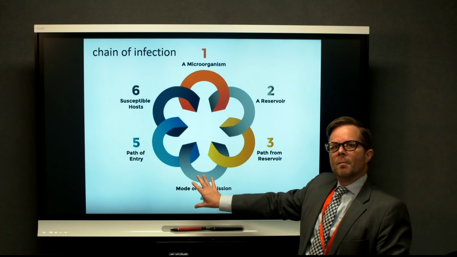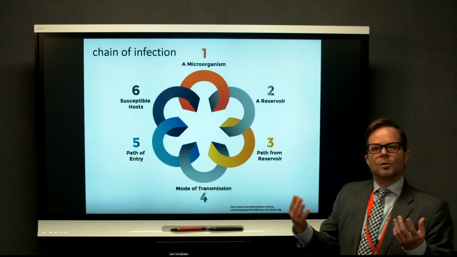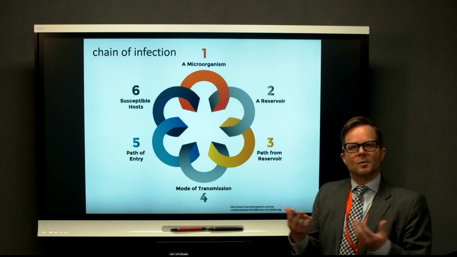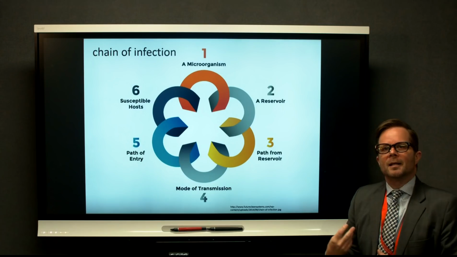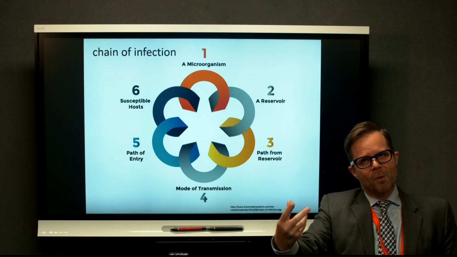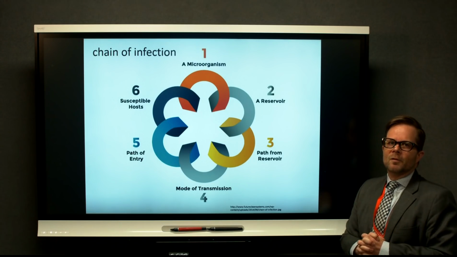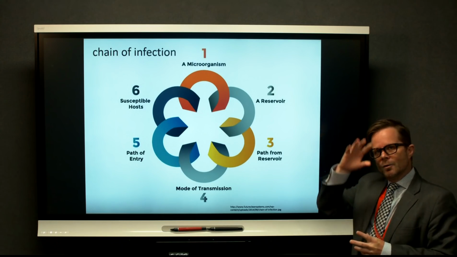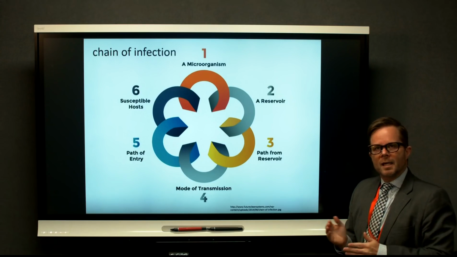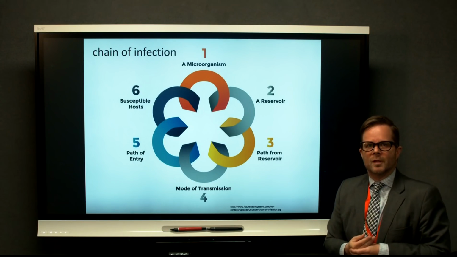Then there is the mode of transmission. So once the microorganism finds its way from the reservoir, it needs somehow to travel, or that mode of transmission. And in the earlier video we talked about some of those modes of transmission. Aerosols through the air, direct contact, puncture wounds, those sorts of things.